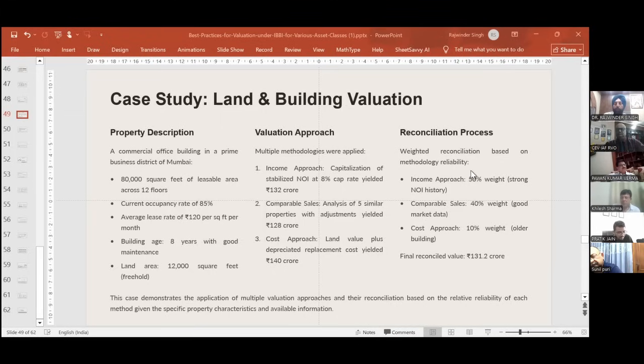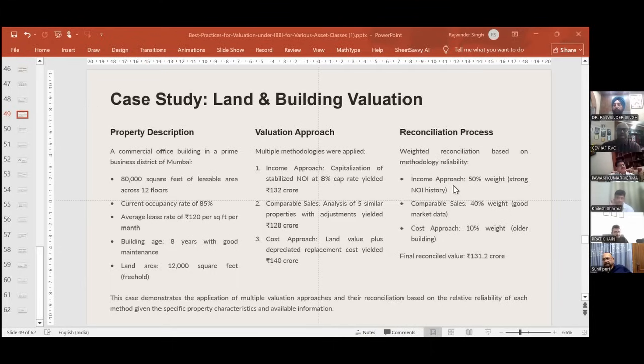For the income approach, we assume 50% weightage because of strong net operating income history. For the comparable sales method, we assume 40% weightage because of good market data.